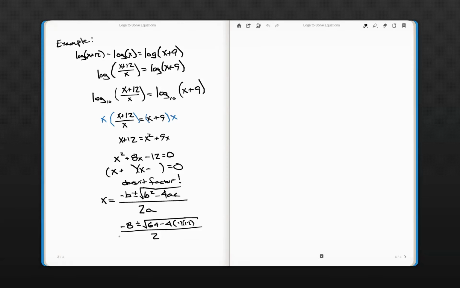So that equals, I better put an equal sign there, keep my good bookkeeping. So let's just keep the negative 8 there, and it'll be plus or minus. So 64 minus 48, I happen to know that that's, wait, I lost my place here.